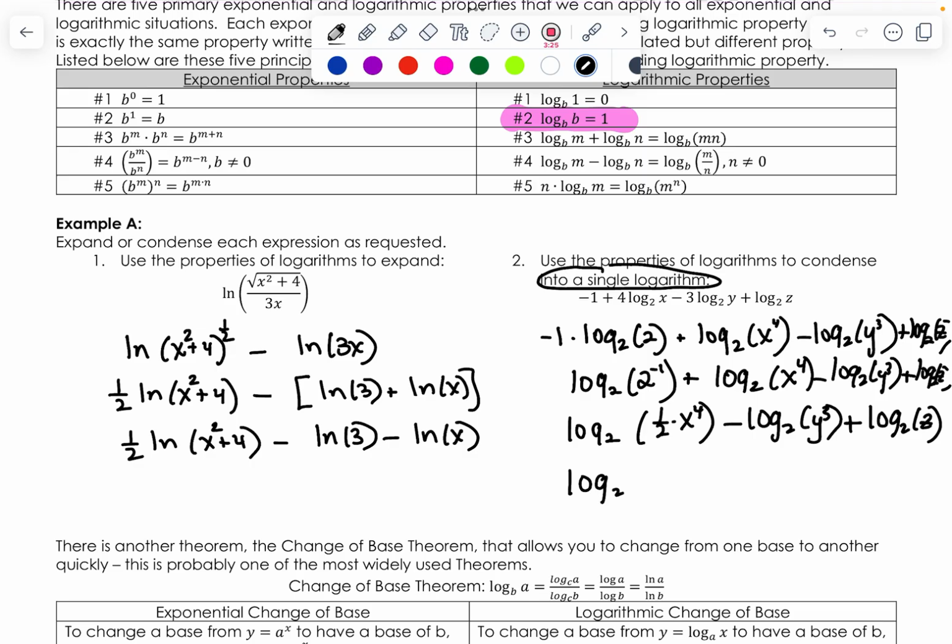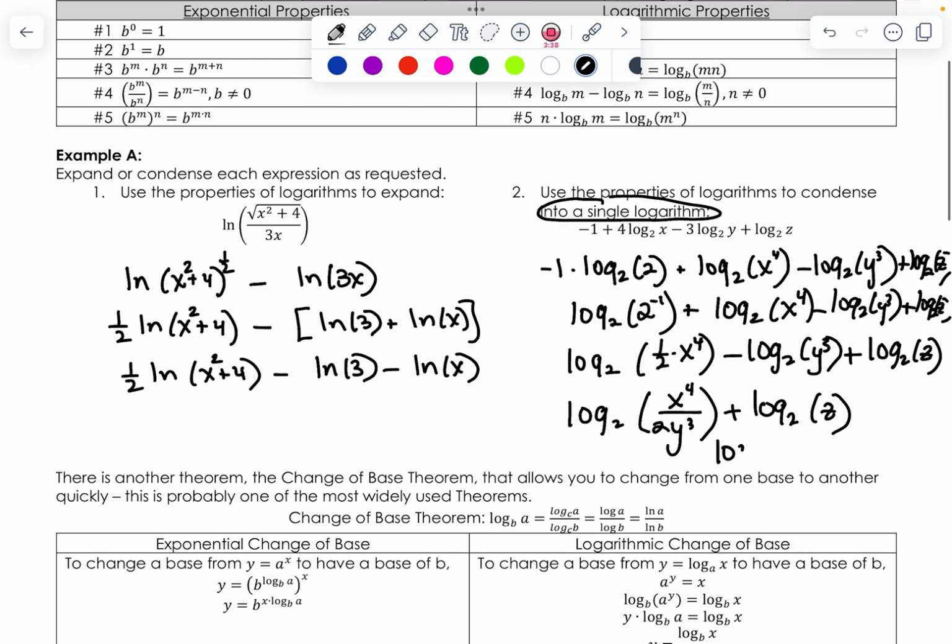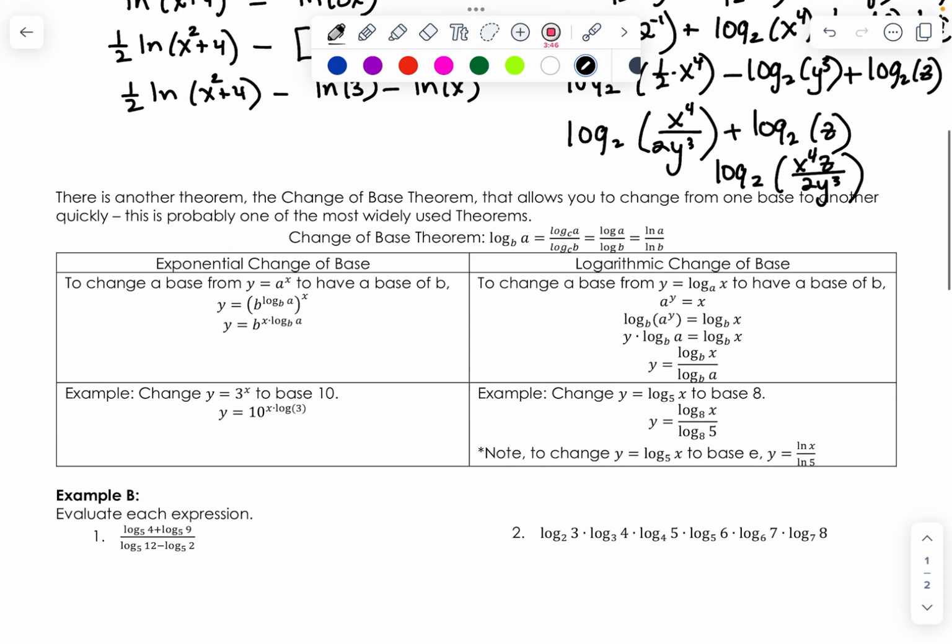Then, when you now do the subtraction, that's going to be division, and it's going to go ahead and hang out with the 2. And then I'm going to condense that, and that's going to be x to the 4th z. That's the product. So I'm just going in reverse there.